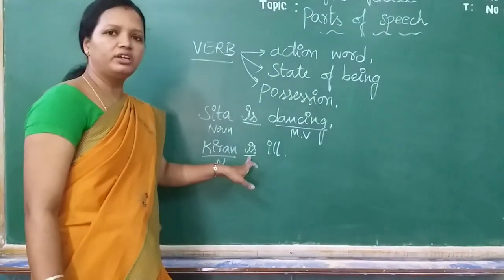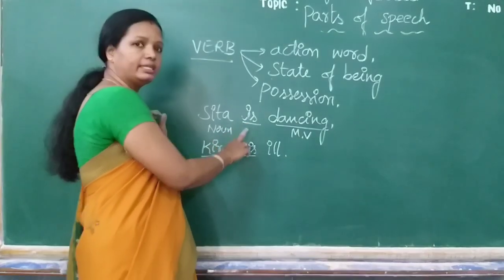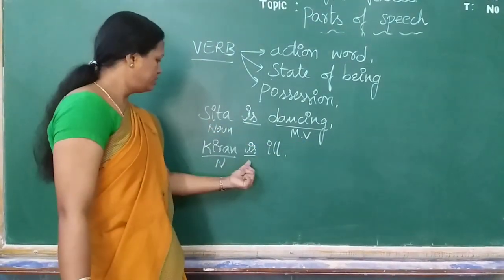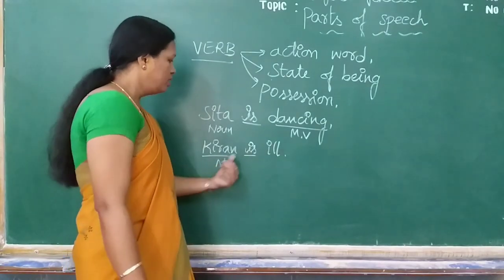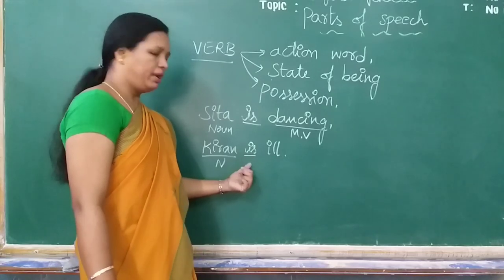Then we can consider is itself as a main verb. In the earlier case, it is acting as a helping verb and dancing is the main verb. Here in this case, the main verb is not there, so we are taking is as a main verb.